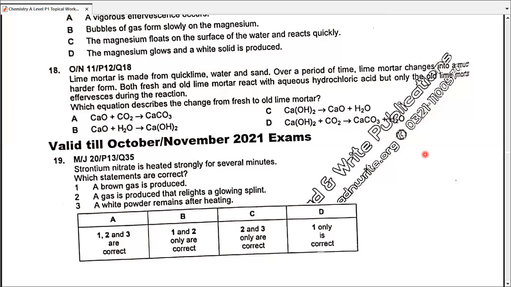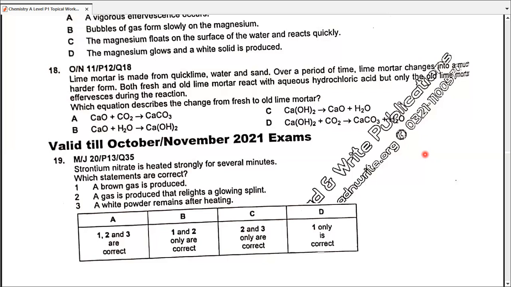D. D, very good. And why D? First, because they said harder form, so it should be solid, and then it reacts with aqueous hydrochloric acid, but only the old lime effervesces during the reaction.